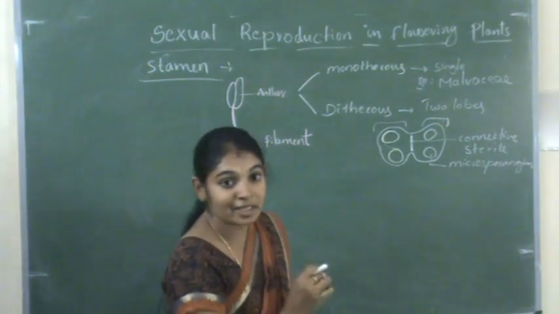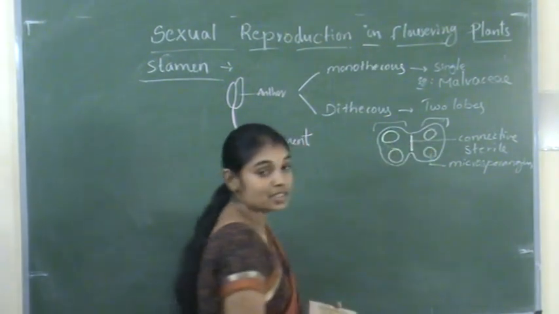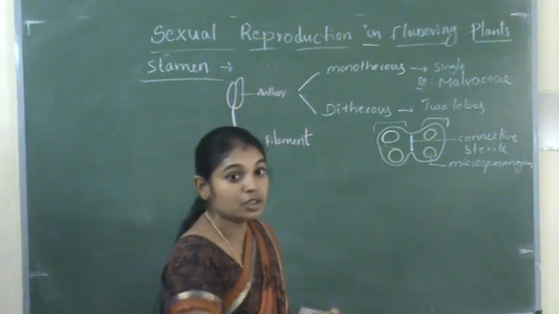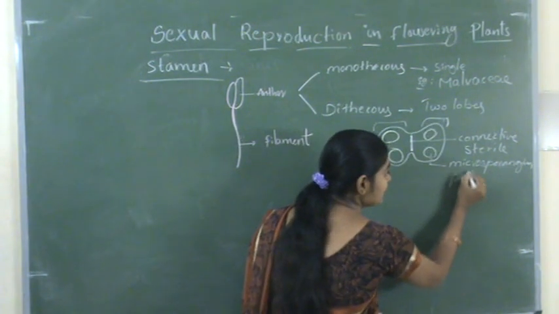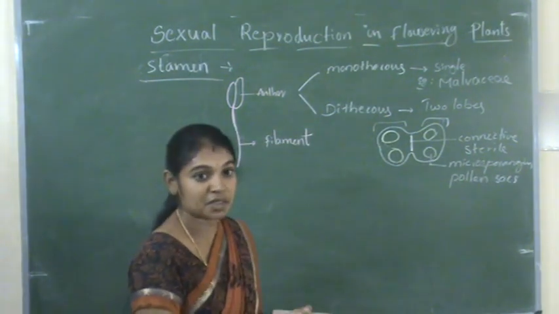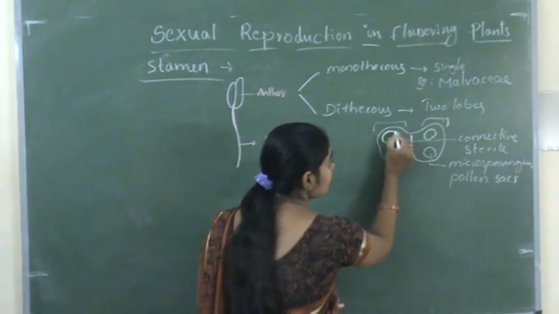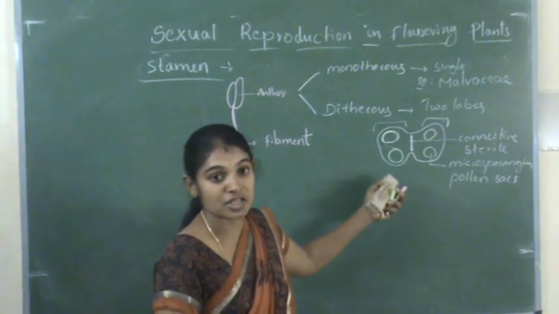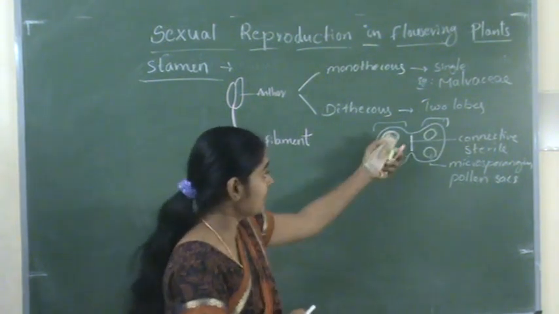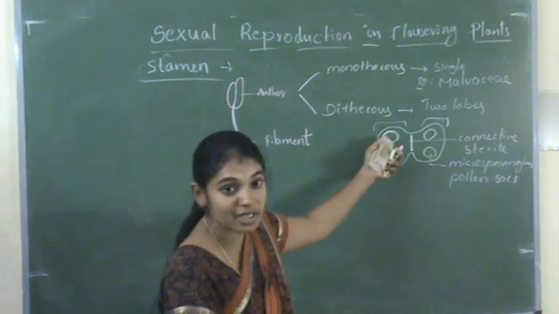When the anther is young, these sac-like structures are called microsporangia. When the anther matures, these are termed pollen sacs, in which the pollen grains are formed. In each microsporangium, a number of microspore mother cells are present, from which the pollen grains or microspores are formed.